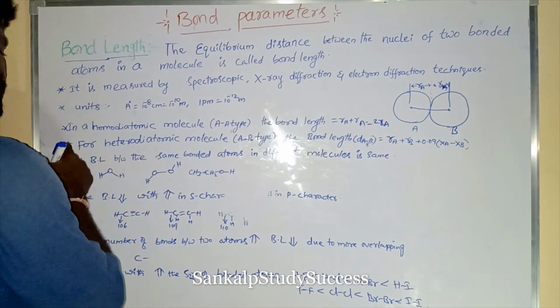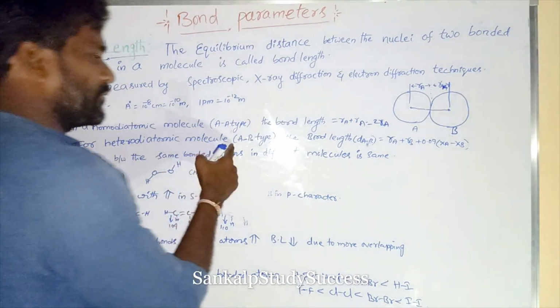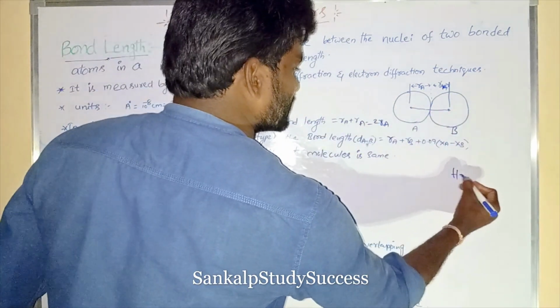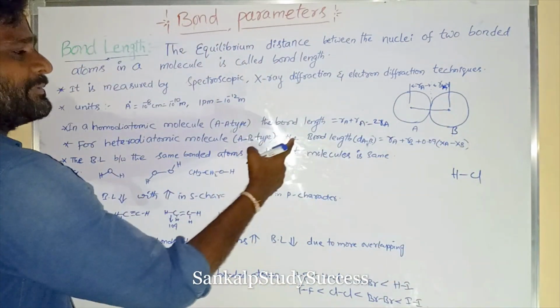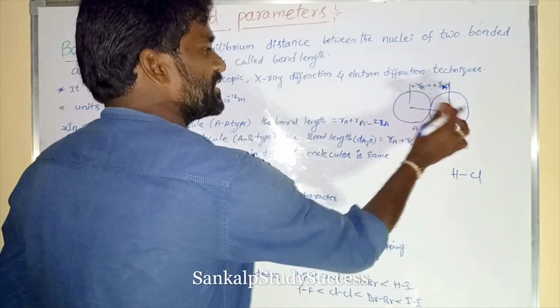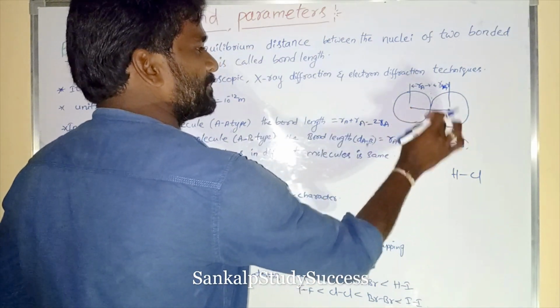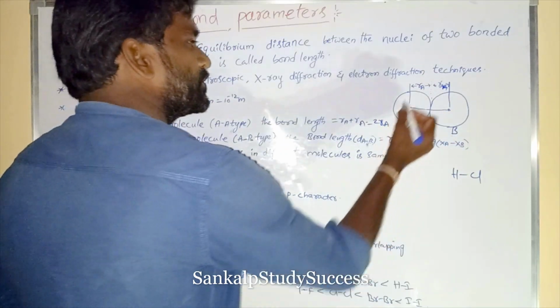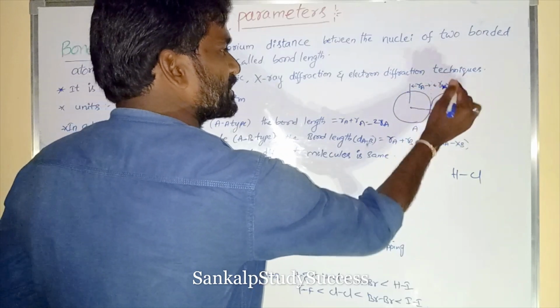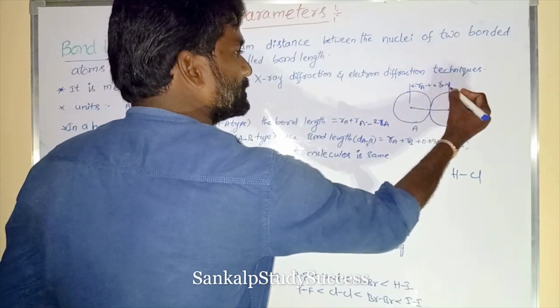Now, for a heterodiatomic molecule of AB type, this is the A, this is the B, like HCl. The bond length DAB is equal to the distance between the nuclei of two bonded atoms A and B. This is its radius, we can say RA, and its radius we can say RB.